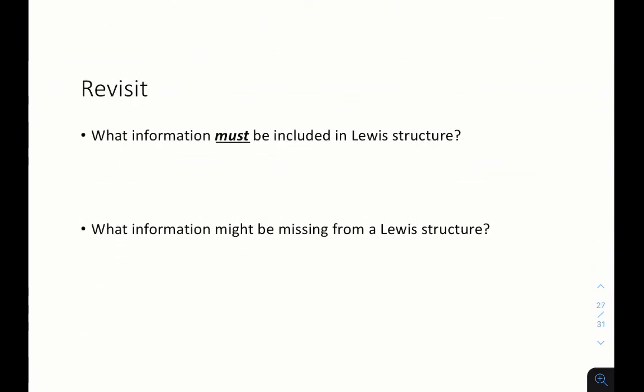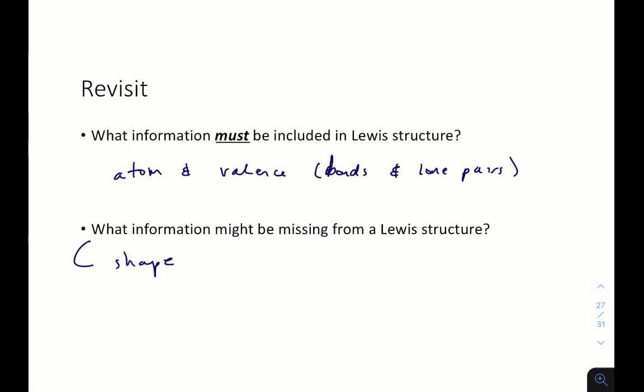Let's revisit our question from the beginning of class. What information must be included in a Lewis structure? Not much, really. It's the atoms and the valence electrons which make up the bonds and the lone pairs. What information might be missing from a Lewis structure? Well, certainly the shape, thus the hybridization.